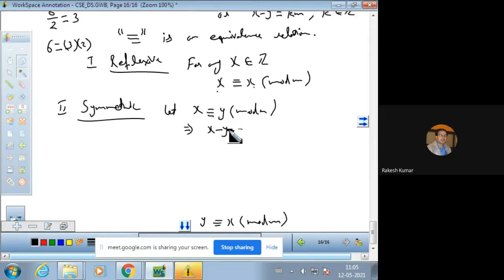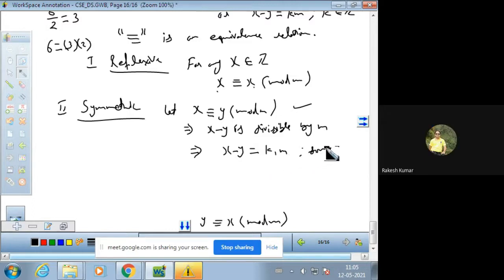It means that x minus y is divisible by m. This is the meaning by definition. So we can write that x minus y is an integral multiple, that is some k1 times m, for some integer k1. The quotient is k1.